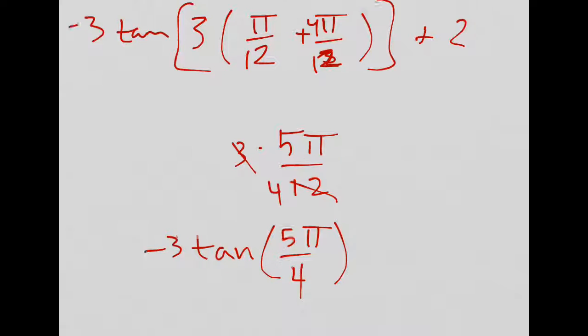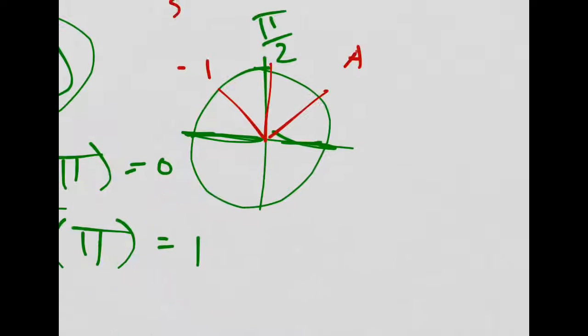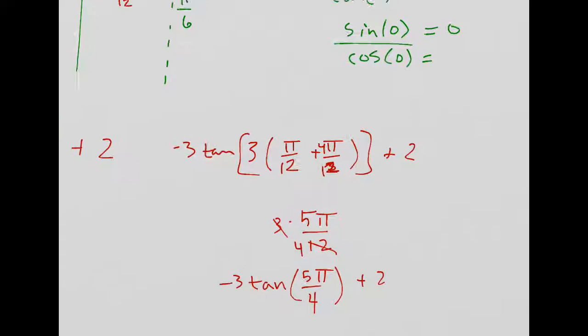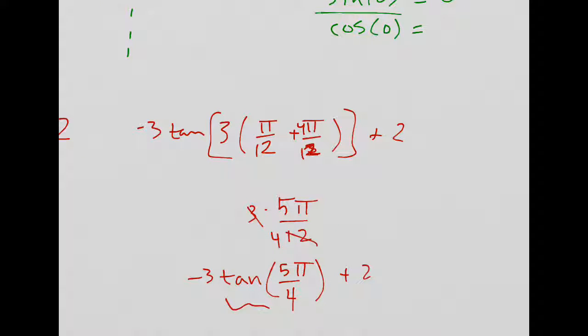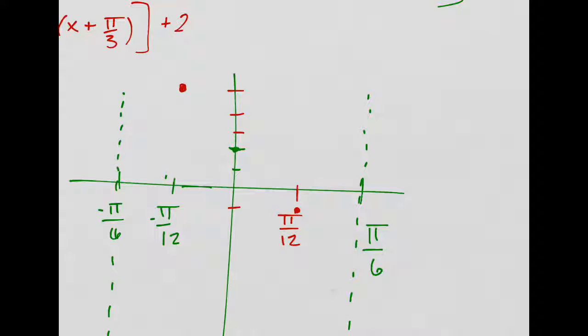Going back to my unit circle: 1 pi over 4, 2, 3, 4, 5 pi over 4. All students take, so tangent is positive. So it's a positive 1 there. Positive 1 times negative 3 is negative 3, plus 2 is negative 1. Booyah! So this is what it actually looks like.